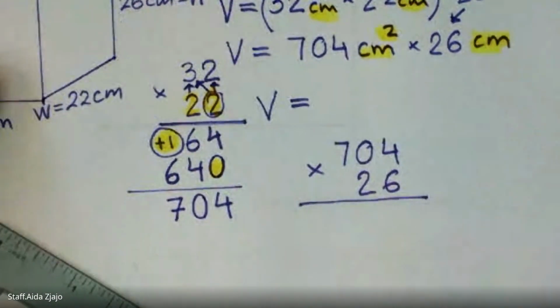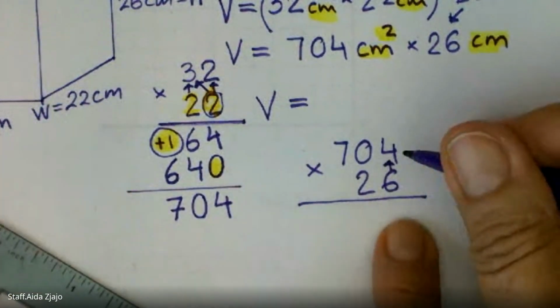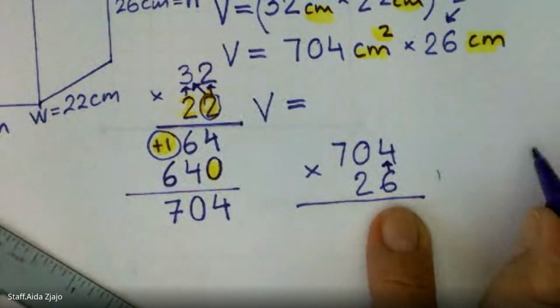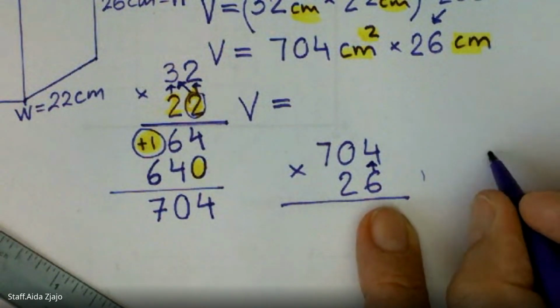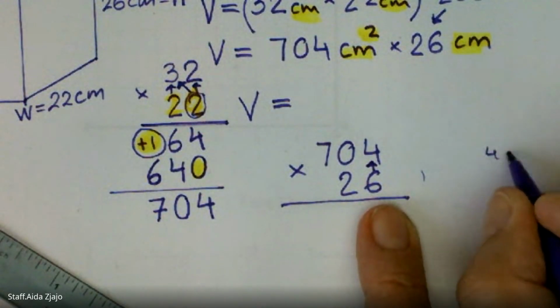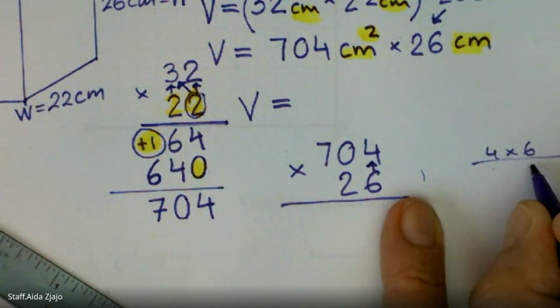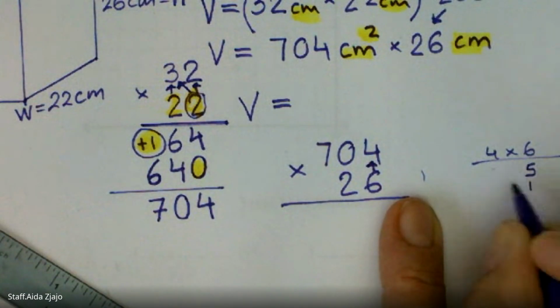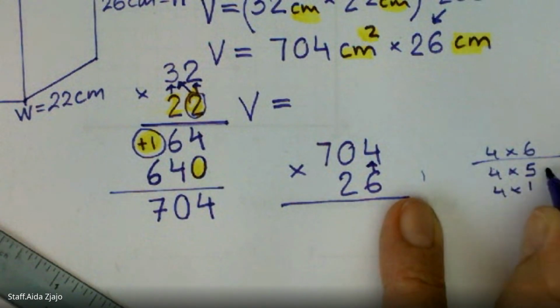Again, we're going to say 4 times 6. If you don't know what 4 times 6 is, you can use the little tiny thinking box. I will do 4 times 6 by breaking 6 into 5 and 1. So 4 times 5 is 20 and 4 times 1 is 4.